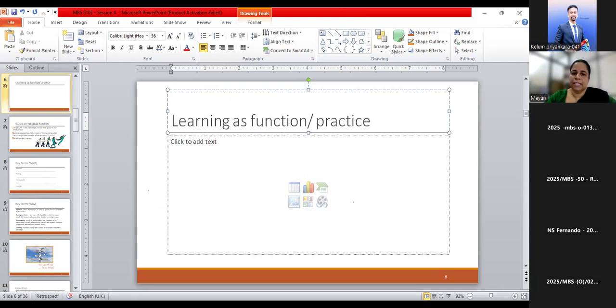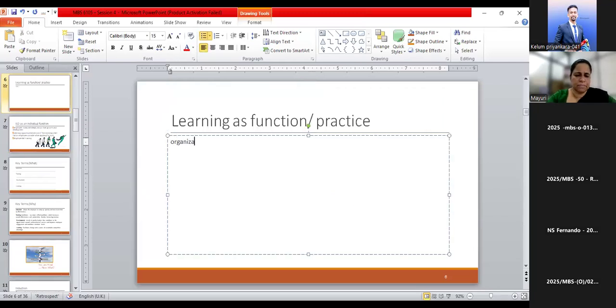When you look at it as a function or practice, we can look at learning and development from the organizational perspective, and also from the employee, the staff perspective.